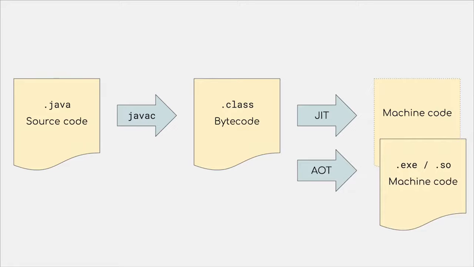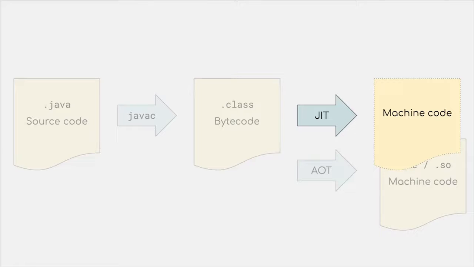There's also another sort of compiler you can use, an ahead of time compiler that produces the same machine code, but instead of keeping it in memory like the JIT does, it can write it out to a file on disk, so an executable file or a library or something like that. That's a bit more popular these days due to native image, which is part of GraalVM. It's been an option for a long time, but it's getting more popularity these days.